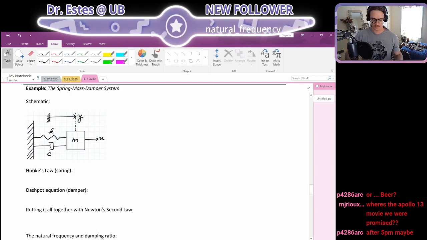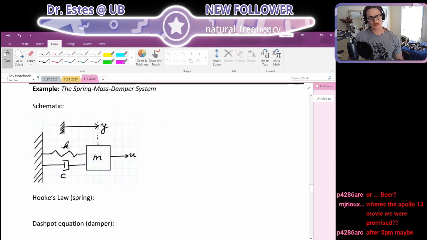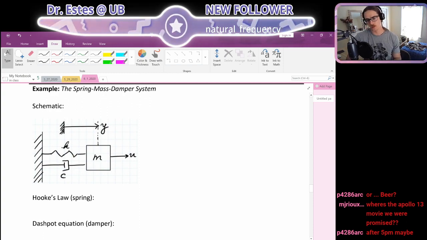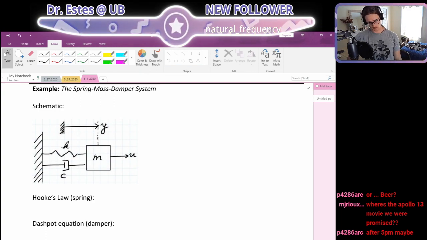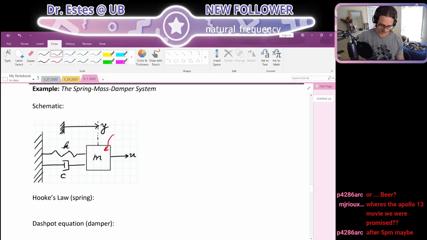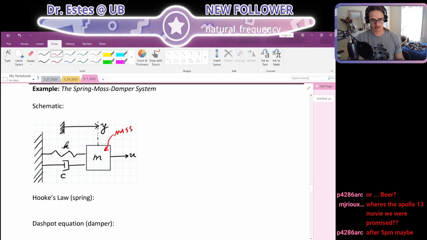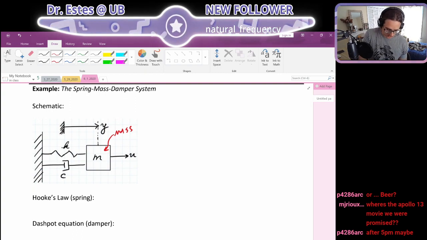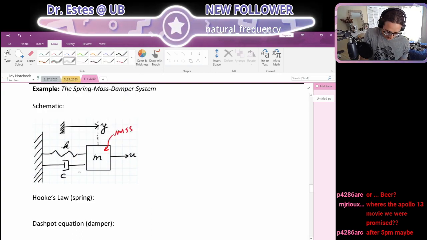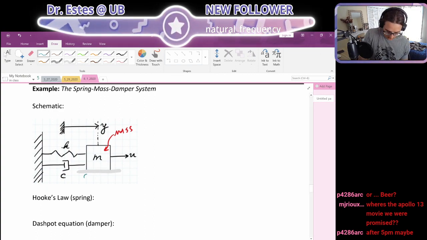Okay, everybody. Here is the classical mechanical second order system. This is what we always show in a system dynamics class. So what we have here is what we call the mass, just like a block. And you should think of this as sitting on a frictionless surface.